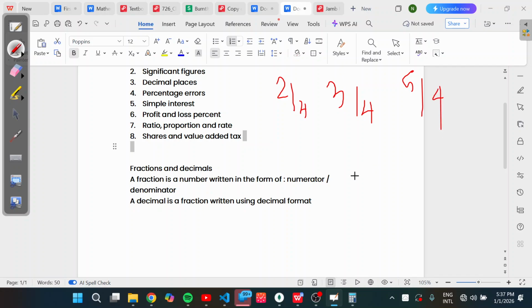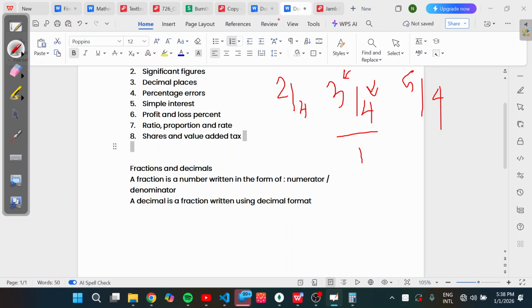Now we have different types of fractions. We have improper fractions, proper fractions, and even equivalent fractions. A proper fraction is any fraction where the numerator, which is the one up here, is less than the denominator, which is the one down here.